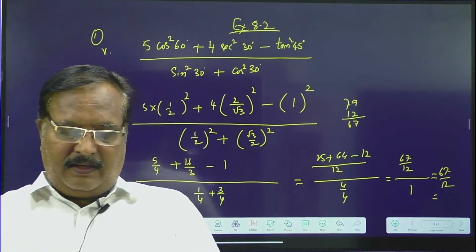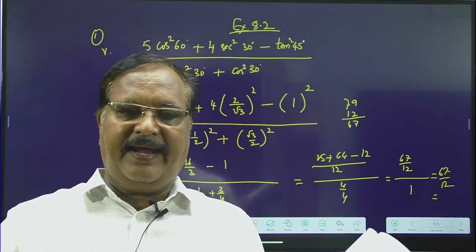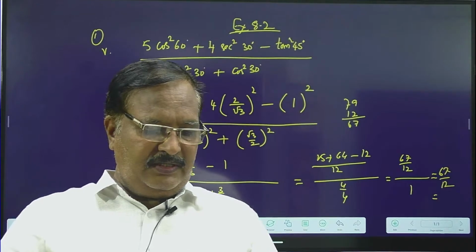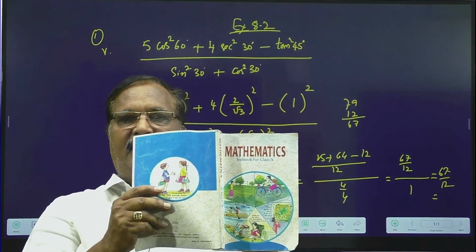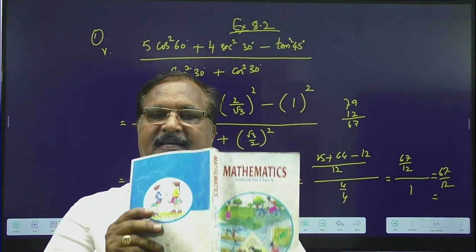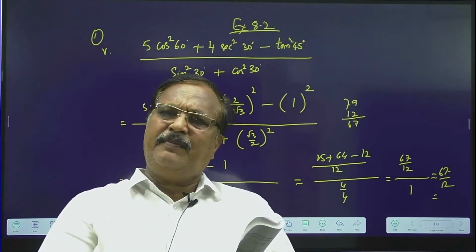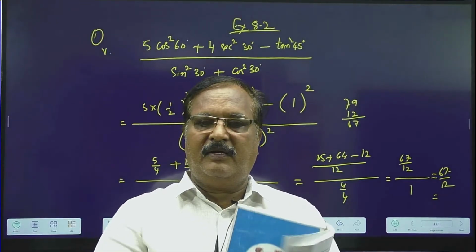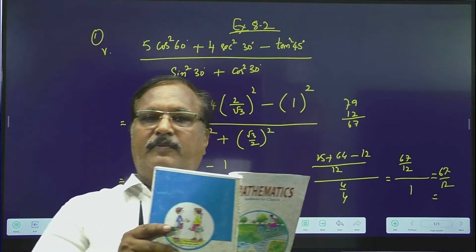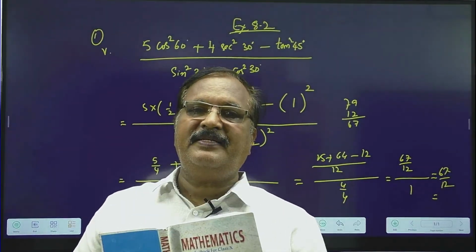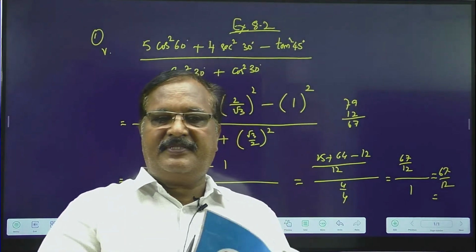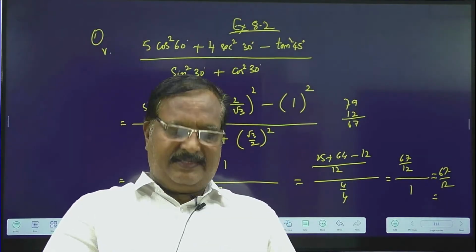So I am not doing any other problem in the first question. Second question, choose the correct option. I am using my NCERT book. The same book is there for the Andhra Pradesh board also. The book cover page is different, but inside it is the same matter, same questions, everything is the same.